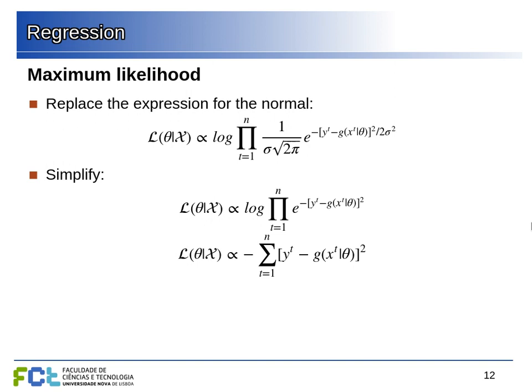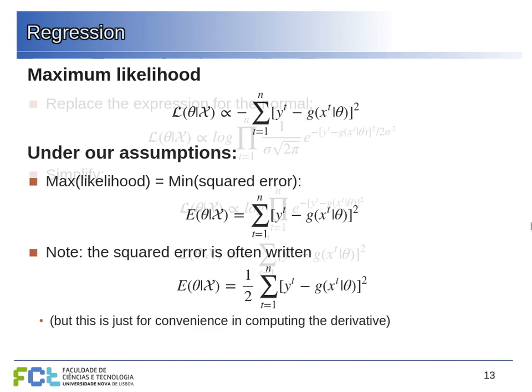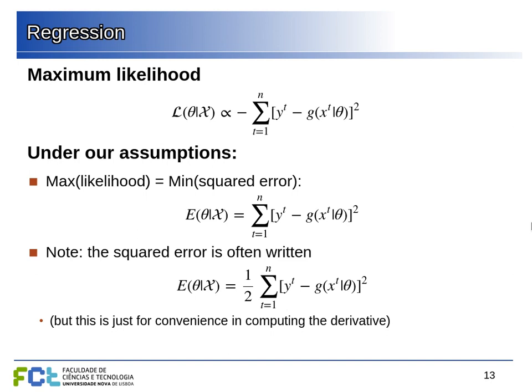You minimize the quadratic error and so on. But it comes from these assumptions that we made. So under these assumptions, the maximum likelihood for our parameters is the minimum squared error. We can compute it by summing the square of the value that we have observed for each data point minus the prediction that our hypothesis is making.